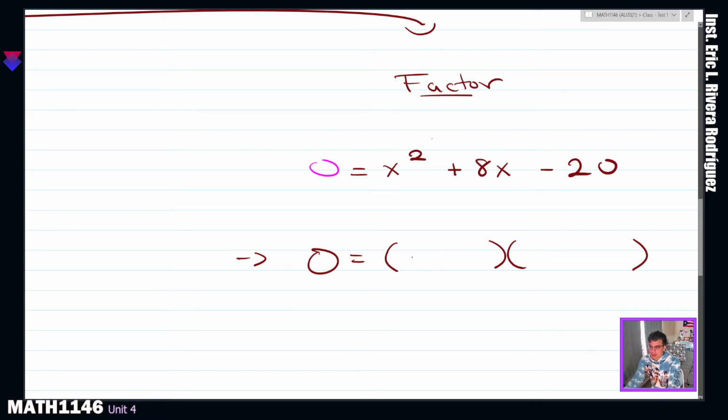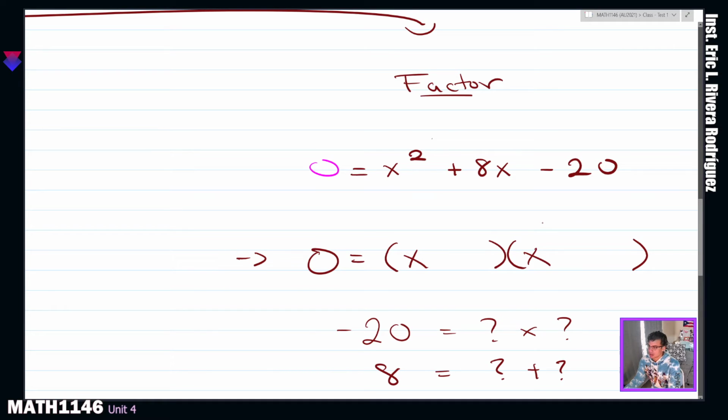All right, so here what we need to do is find two values that multiply together to get negative 20, and those same values, when we add them, we need to get 8.